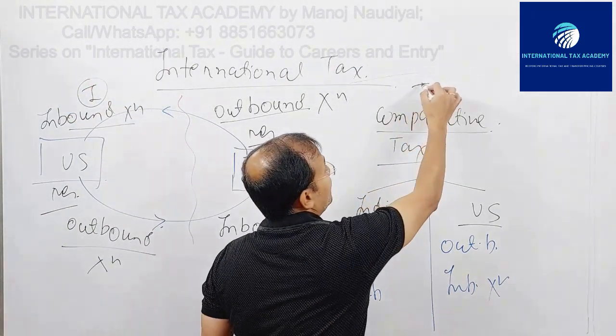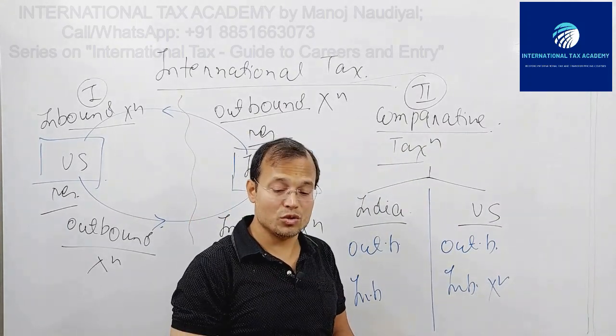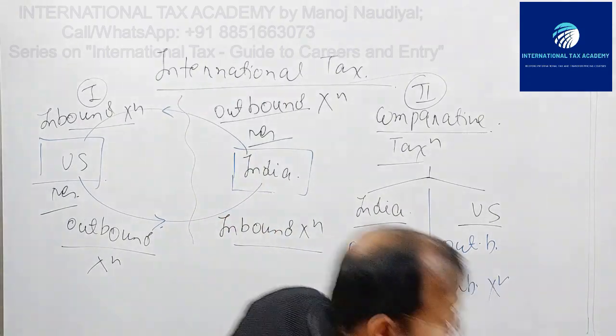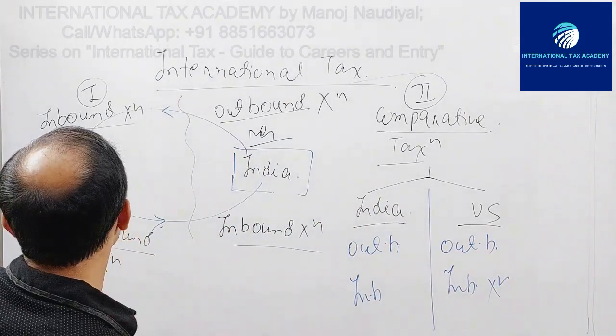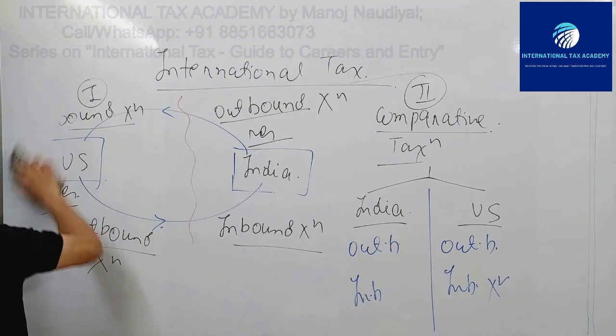Second area is the comparative taxation, and then there is a third area which also gets covered within the folds of international taxation. For that I'll have to just rub this. Okay.